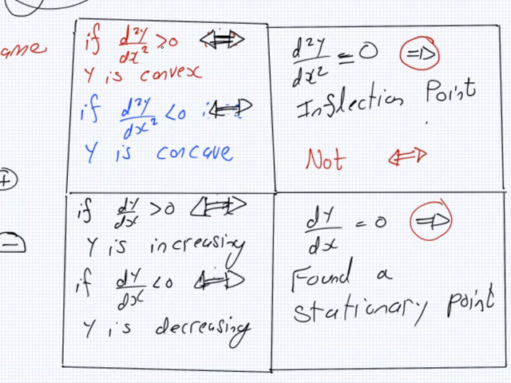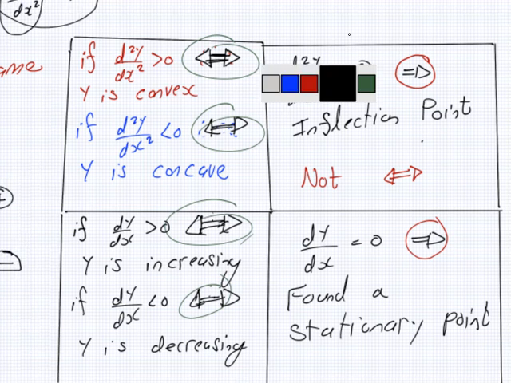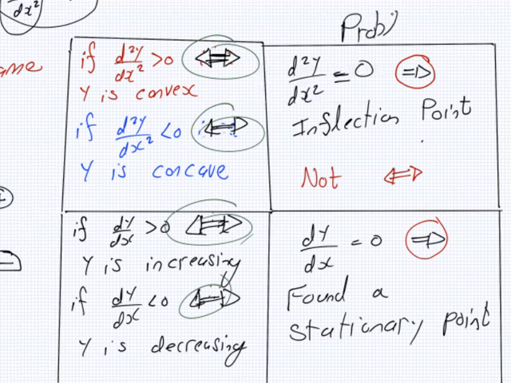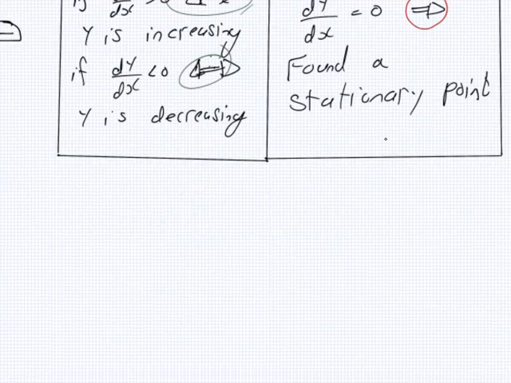So, the second derivative is positive, it's convex. If it's convex, the second derivative is positive. And likewise here, and likewise here. So that's good news. They go in both directions on this side. The only time we could have a problem is only for this side, when they're equal to 0. So you have to be very, very careful when they're equal to 0.